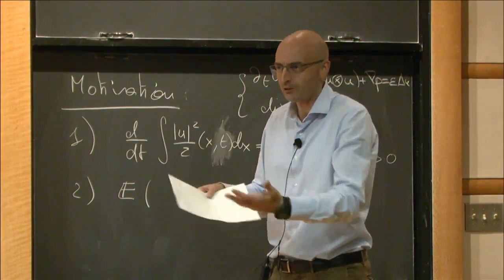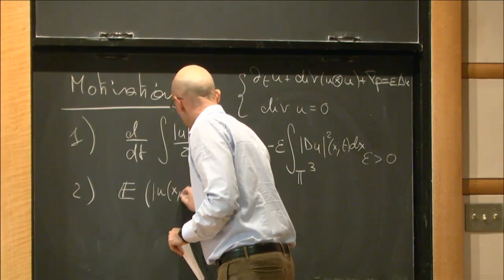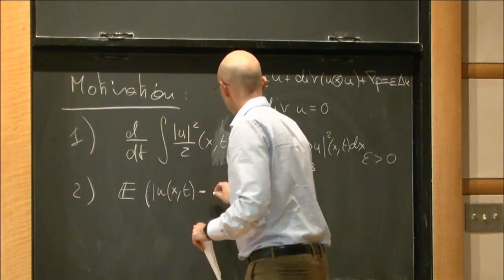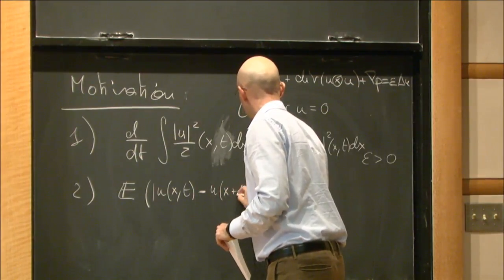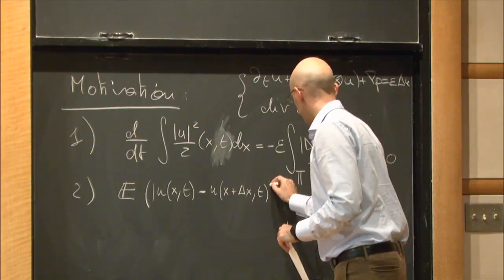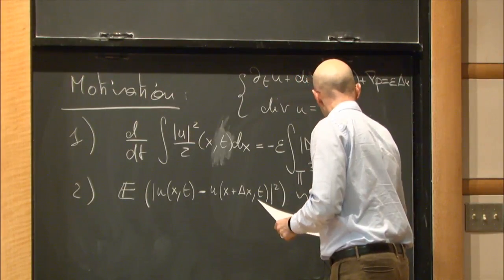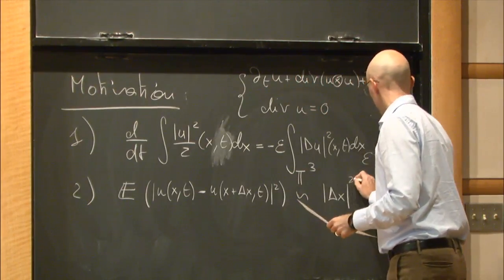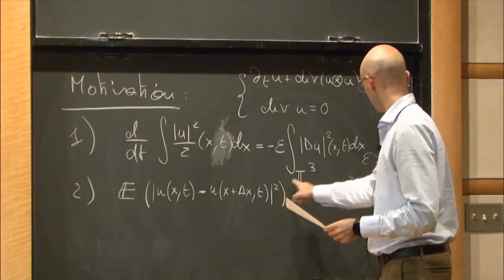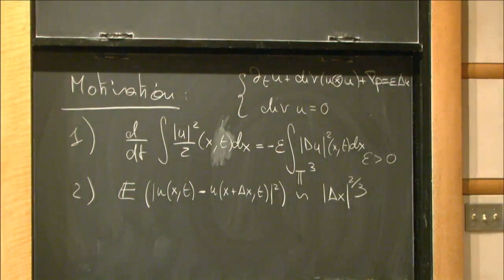But if you look at a random sample of fluids, what you observe is that the expectation of the difference in the velocity between 2 points which are separated by a distance delta x actually behaves like the distance delta x to the power 2/3. Okay? So here you have the power 2, here you have the power 2, and then you have this exponent 1/3. So it's as if you would expect that statistically solutions have to be Hoelder continuous with an exponent 1/3.